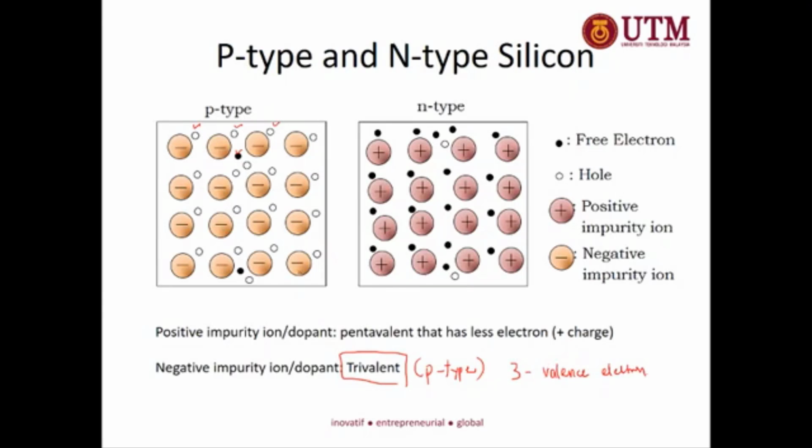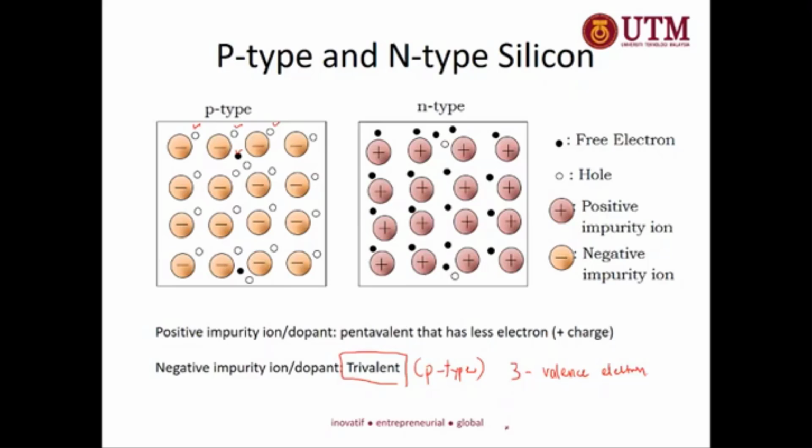But when the trivalent atom fits into the silicon, the trivalent atom can be seen as a negatively charged ion.